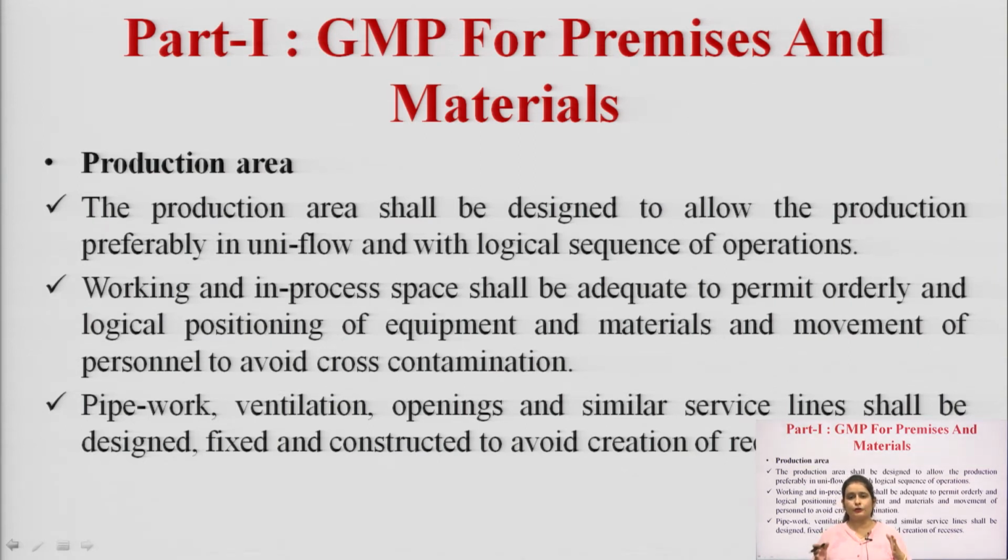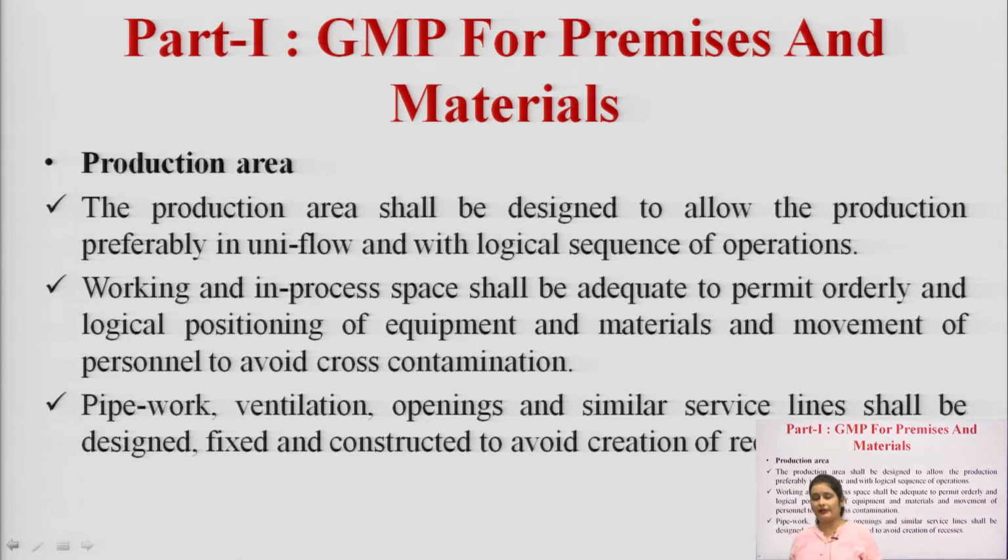The area should be designed such that cross contamination is minimized, and working and in-process space shall be adequate to permit orderly and logical positioning of equipment and material, and movement of personnel to avoid cross contamination. These are all points we have to keep in mind while constructing the production area.